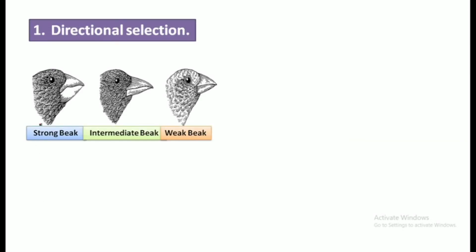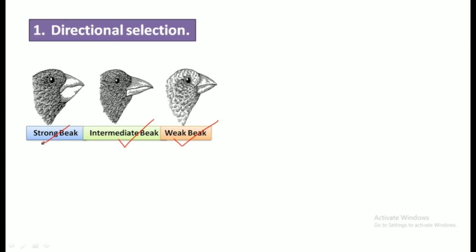For this, let us take an example of finches. In the population of finches, it was found that there was variety in their beak size and beak shape. Some of them have a strong beak, some have an intermediate beak, and some have a weak beak. Depending upon the different shape and size, this has led to varied eating habits between them.